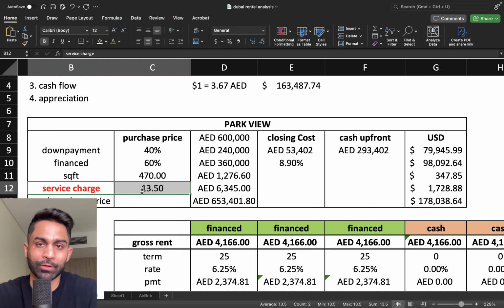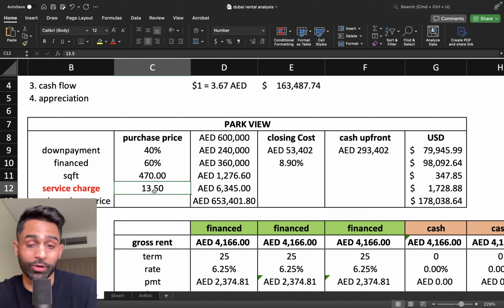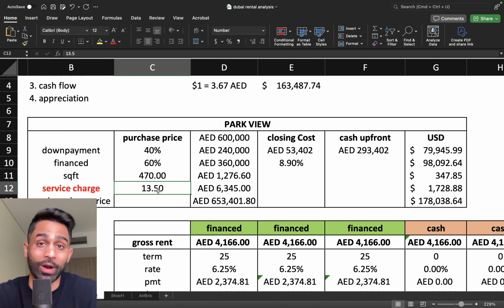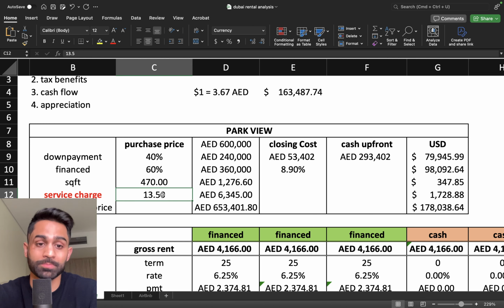So that's what they charge from every apartment owner, and that service charge is on a per square footage basis. So for this building, it was 13.5 AED for every square footage. So square footage 470, so total was 6,345 for the entire year, right?